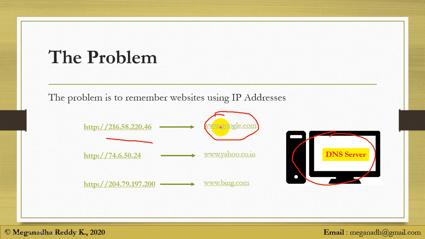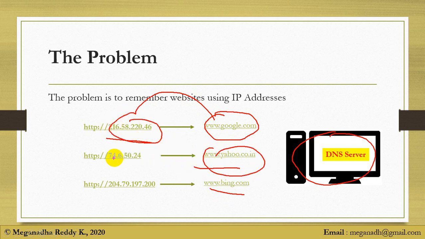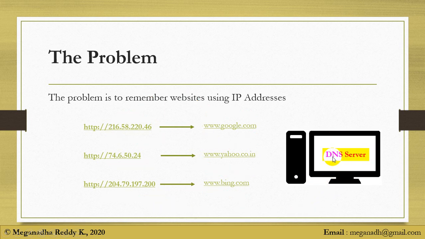So google.com, yahoo.com, Bing, all these are domain names, and each domain name will be associated with the respective IP address. This is the IP address for yahoo.com, or for Bing. This DNS server will store the details of the domain name and the respective IP address.